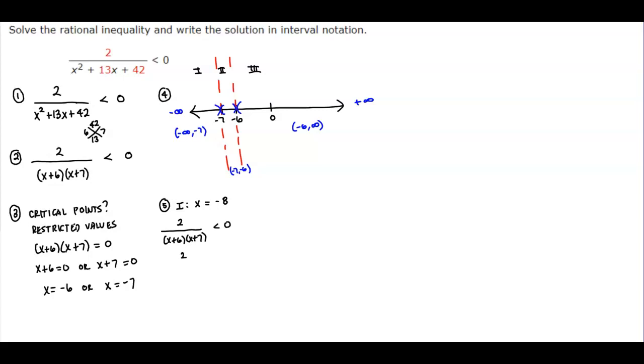So we have 2 over negative 8 plus 6 times negative 8 plus 7. So that's 2 over negative 2 times negative 1. Well, that gives you a positive 2, and 2 divided by 2 is 1. And is 1 less than 0? Well, that's false. So we know it's false in region number 1.